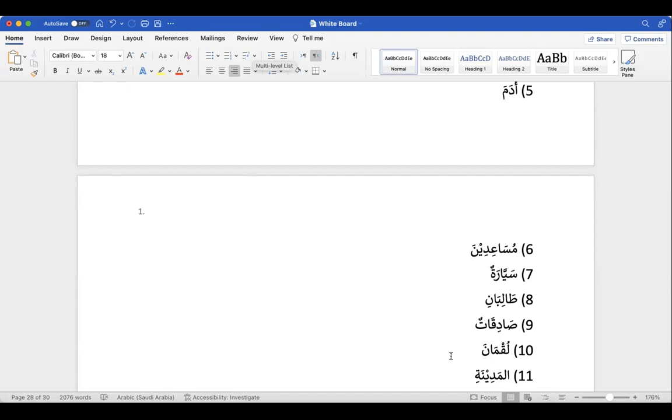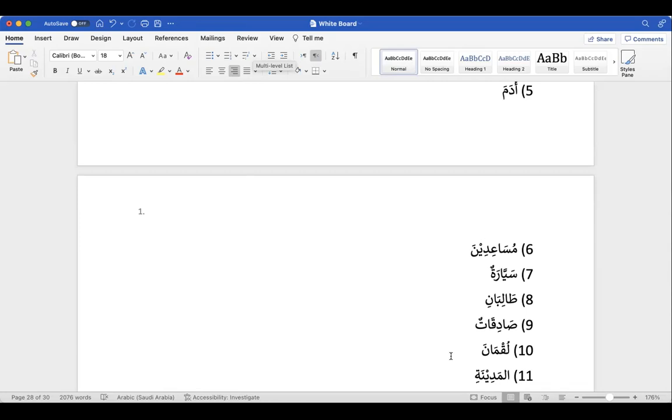First of all, every word ending with tanween is fully flexible. And then if you have some words ending with noon, you should compare it with the Muslimun chart. Is it like Muslimani? Is it like Muslimina, Muslimuna? Then you can define it.